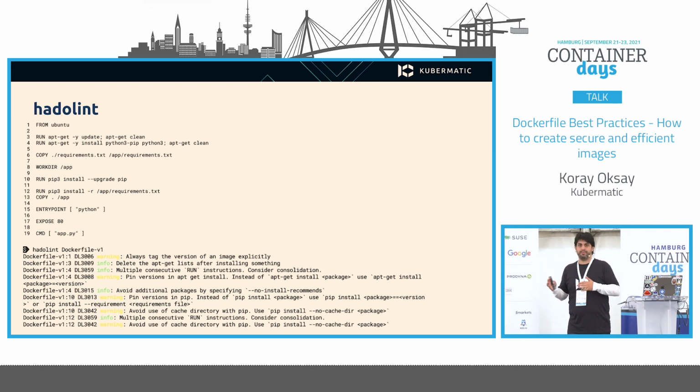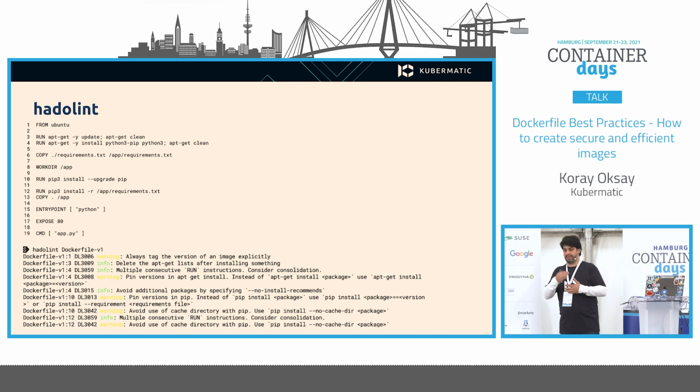This is a way, but in Linux, if you use semicolons, it does not check the exit code of the previous command. So in this case, if apt-get update fails, it will in any case run apt-get clean and continue. In the end, you will see that the whole build process is successful, but actually it is not, because you didn't run the apt update.